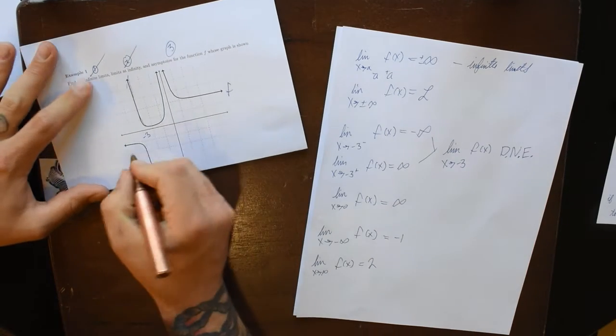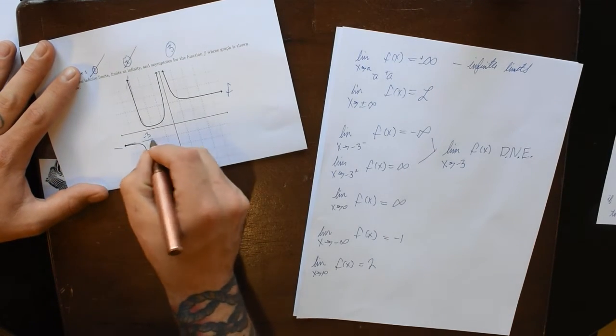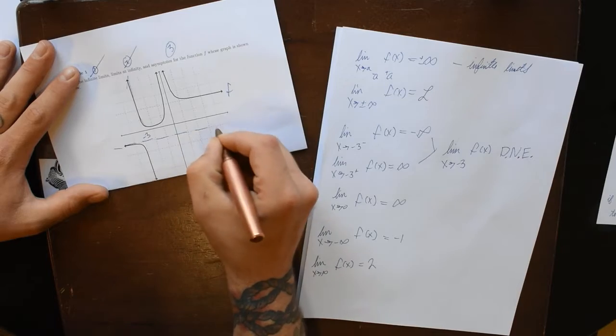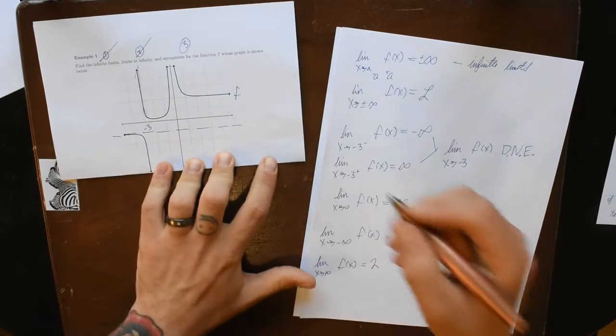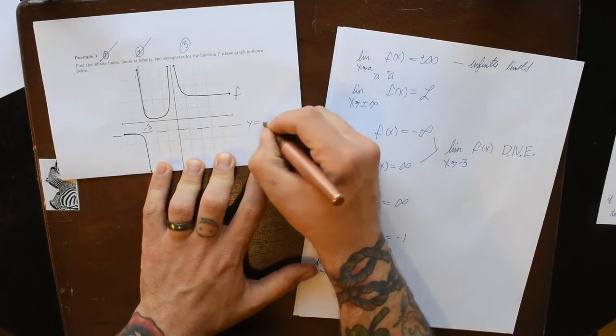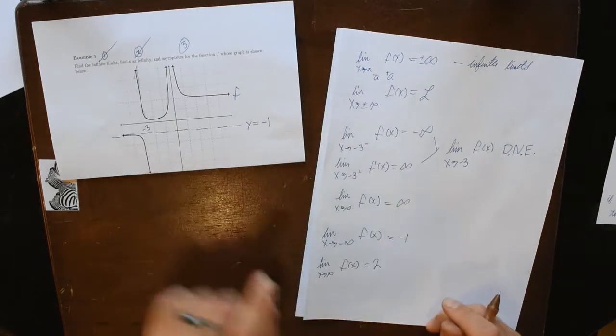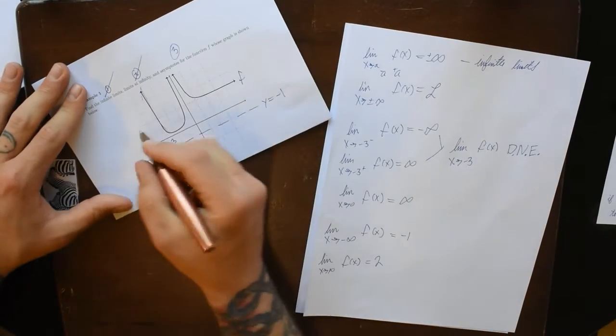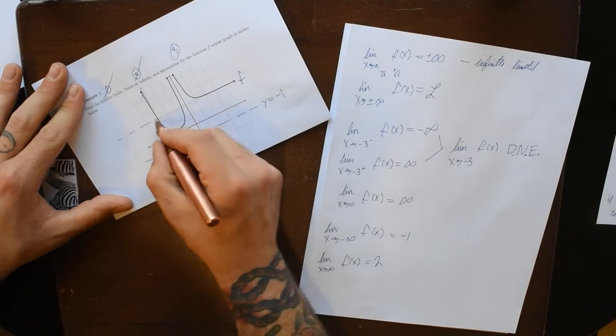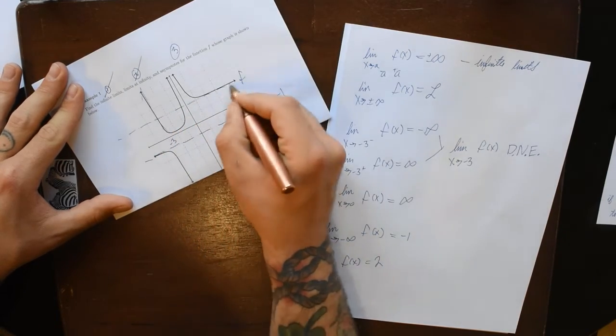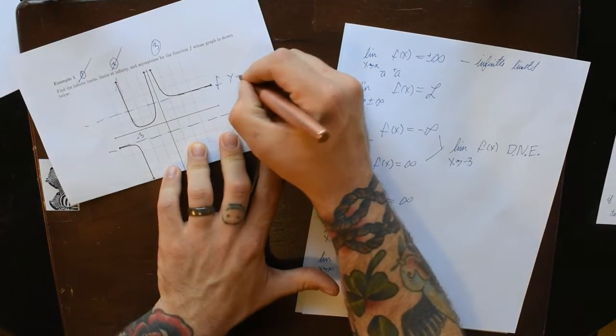So we know we'll have a horizontal asymptote along the line y is equal to -1. And we know we'll have another horizontal asymptote along the line y is equal to 2.